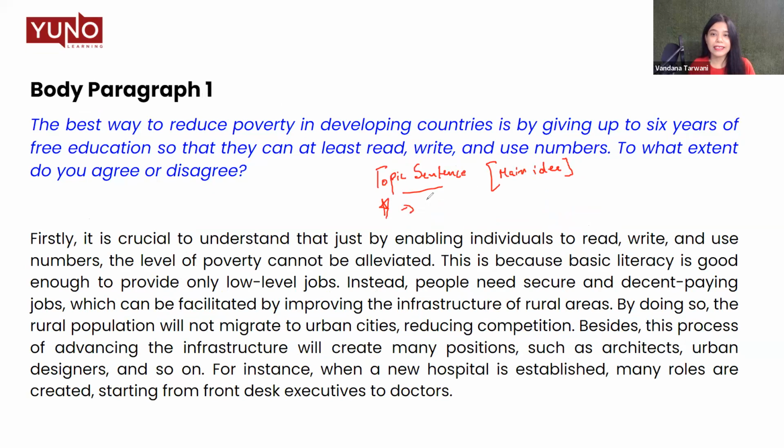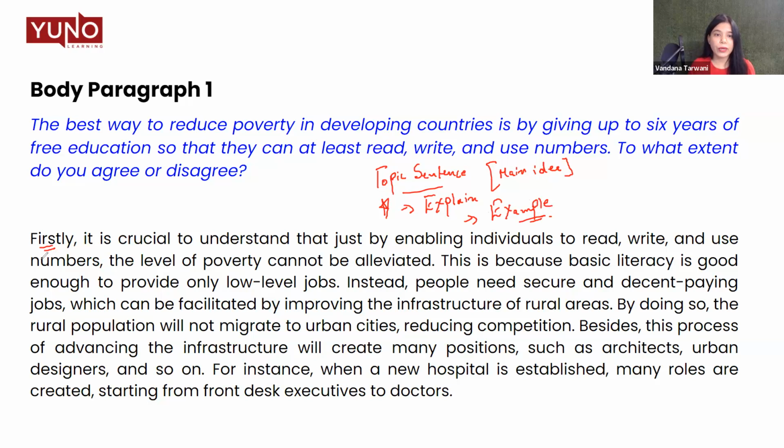Another star is the explanation part. If you are somebody who does not want to explain, then you are in trouble. You cannot get a decent band score without explaining the topic sentences. You have to do that. And then finally, you will wrap it up with a general example. Never ever give personal examples, give general examples. Let's see how we have done that.